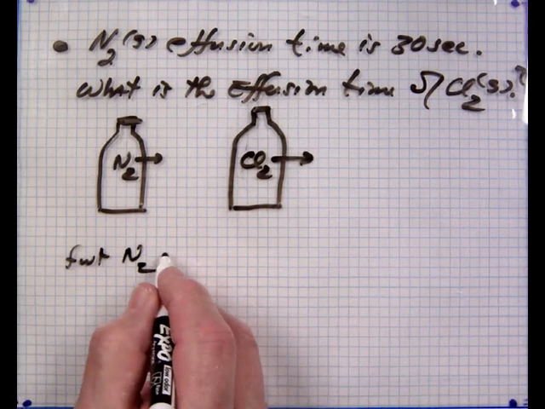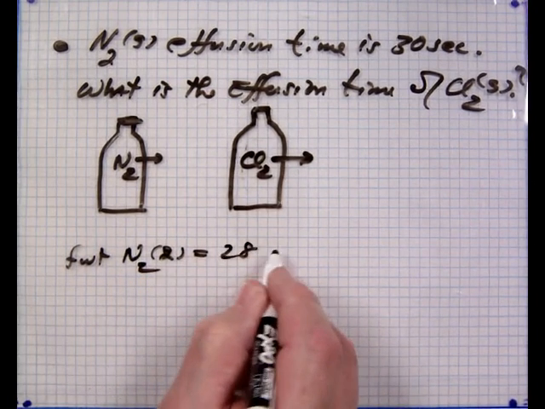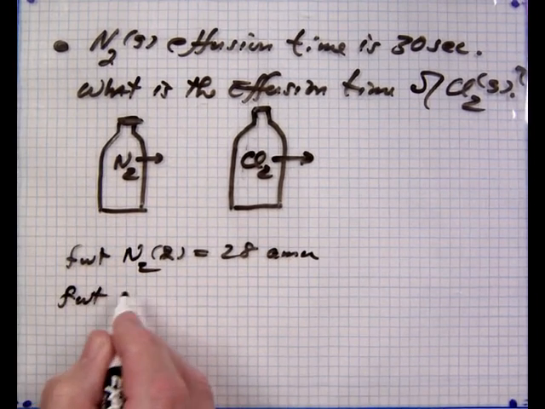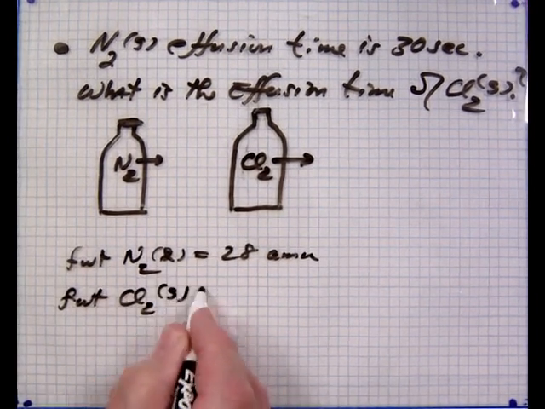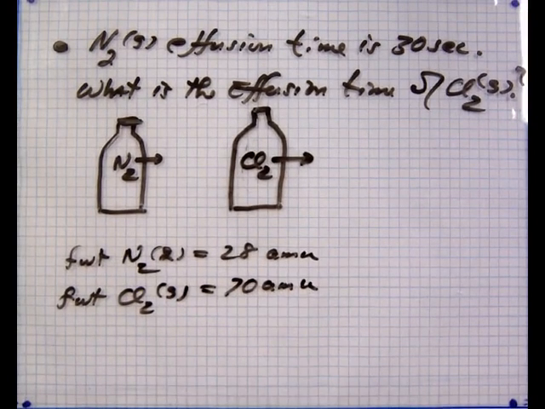The formula weight of N2 gas, of course, is 28 atomic mass units, and the formula weight of Cl2 gas equals 70 atomic mass units. Chlorine is significantly heavier.